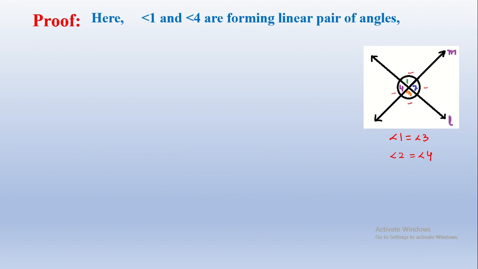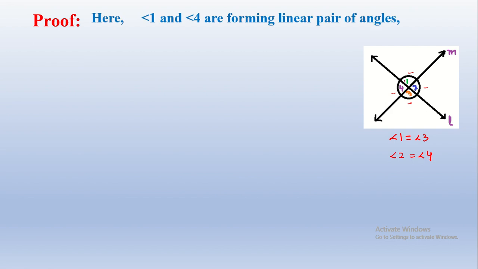So we have the figure again here, L and M intersecting each other, forming four angles, angle 1, angle 2, angle 3, angle 4, and we have to prove that angle 1 is equal to angle 3, and that angle 2 is equal to angle 4. Let's give the proof of this statement.